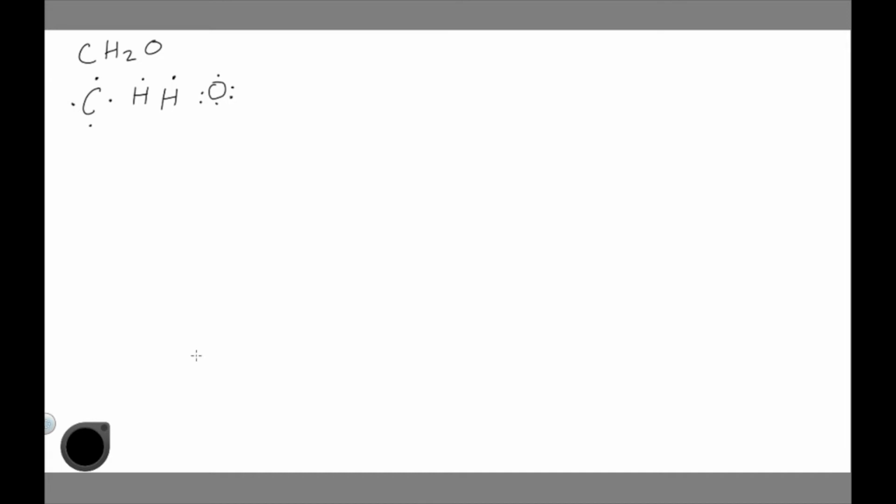So 12 electrons in total. We have to account for 12 valence electrons in our diagram. If the compound is ionic, the number of electrons will change depending on if it's an anion or a cation. Now let's move on to step 2.